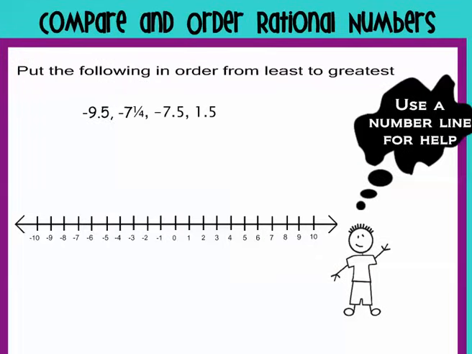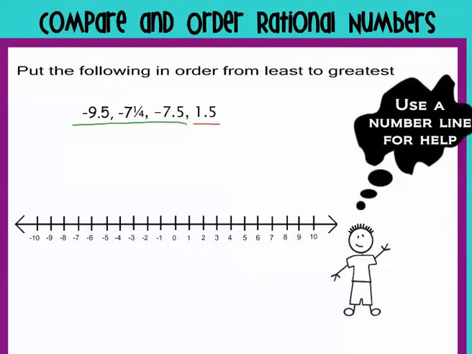All right, let's take a look at the numbers in this list and put them in order from least to greatest. Remember, you can always draw out a number line if you need some additional help with this. I'm going to start by separating out my negatives and my positives. I see that I have 3 negative values here and only 1 positive value. So I know that that positive value is going to be my largest number.